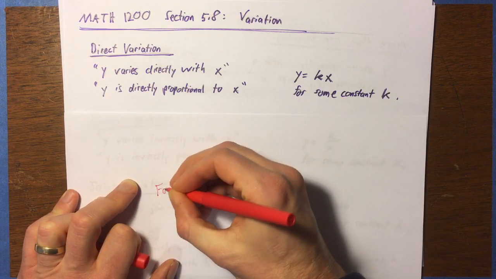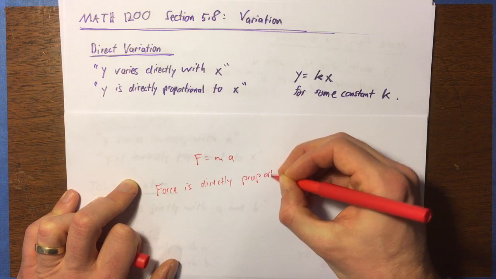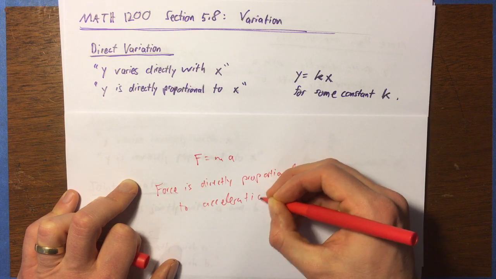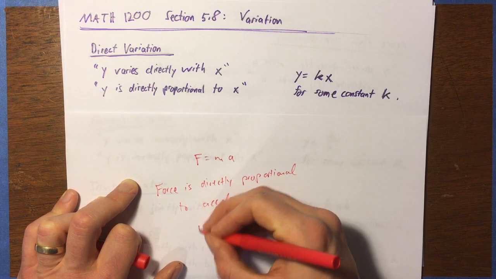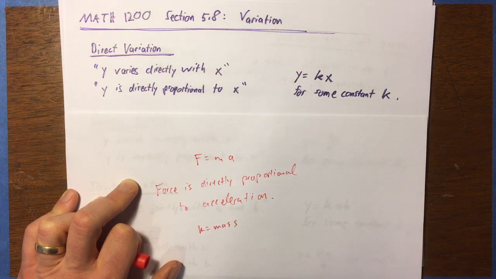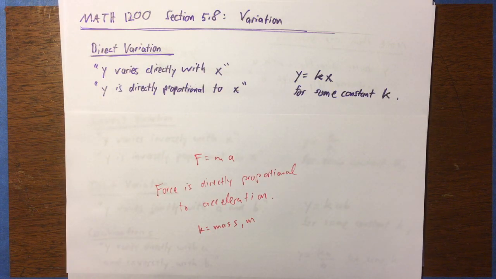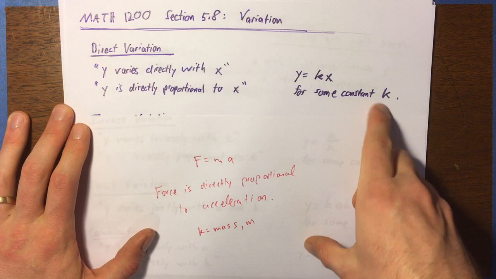This is saying that force is directly proportional to acceleration, and the constant of proportionality is m, the mass of the object. So the properties of the object, whether it's something to do with the material it's made of, or how fast it's moving, or how far it's traveling, or how heavy it is, can sometimes determine the value of that k.